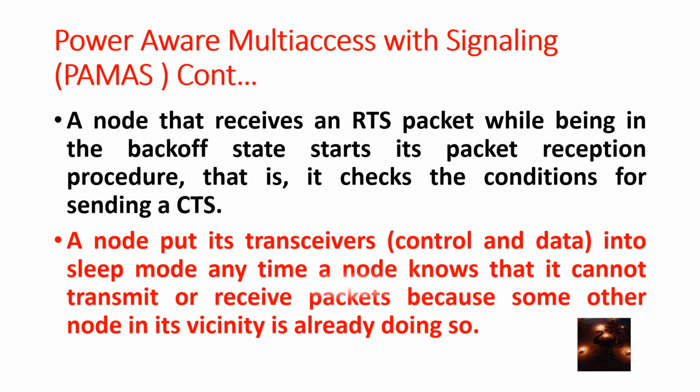A node puts its transceivers, that is control and data, into sleep mode anytime it knows that it cannot transmit or receive packets because some other node in its vicinity is already doing so.